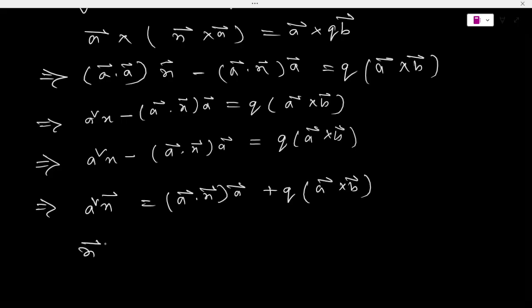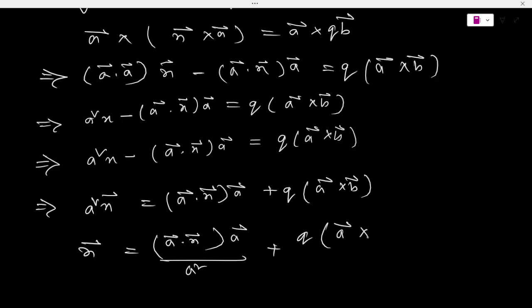So x is equal to a vector dot of x into a vector plus q into a vector cross of b vector divided by a square.